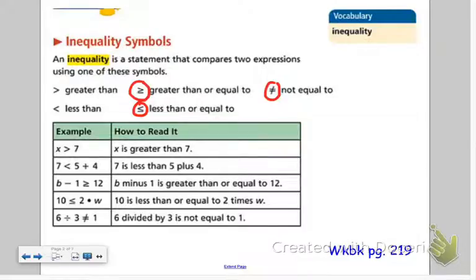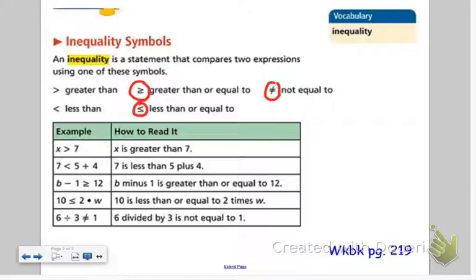For example, the number 15 might work. 15 minus 1 is 14. 14 is greater than 12. Maybe it's 13. 13 could be B. 13 minus 1 is 12, and even though 12 is not greater than 12, because it has that line underneath, it could be equal to 12, and that works.